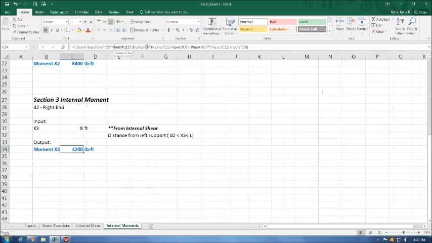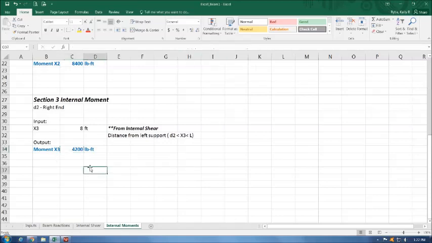Then the next one is going to be the F1, which came from the inputs page, C6, times my X3 minus my D1. That's from the input page. Both of them are from that first page. And then minus F2 times the X3 minus the D2.